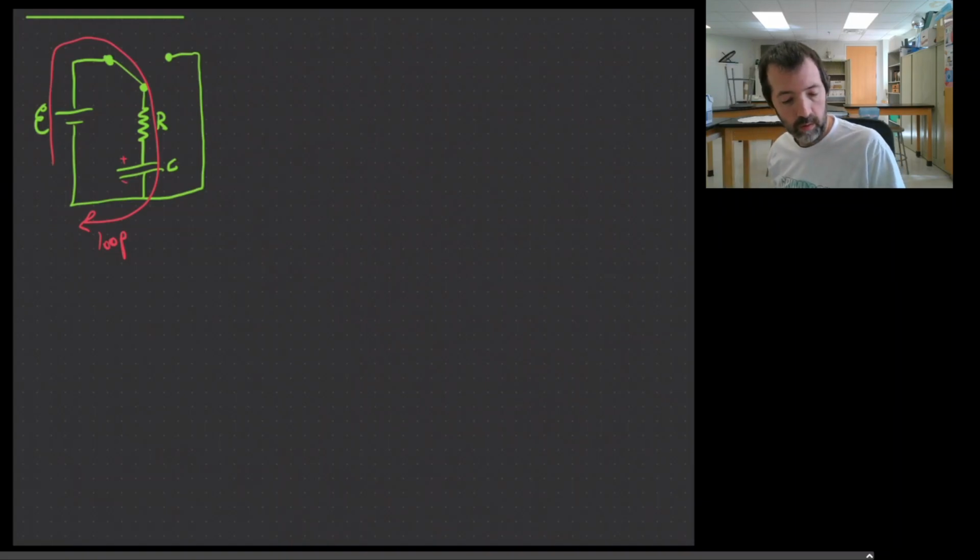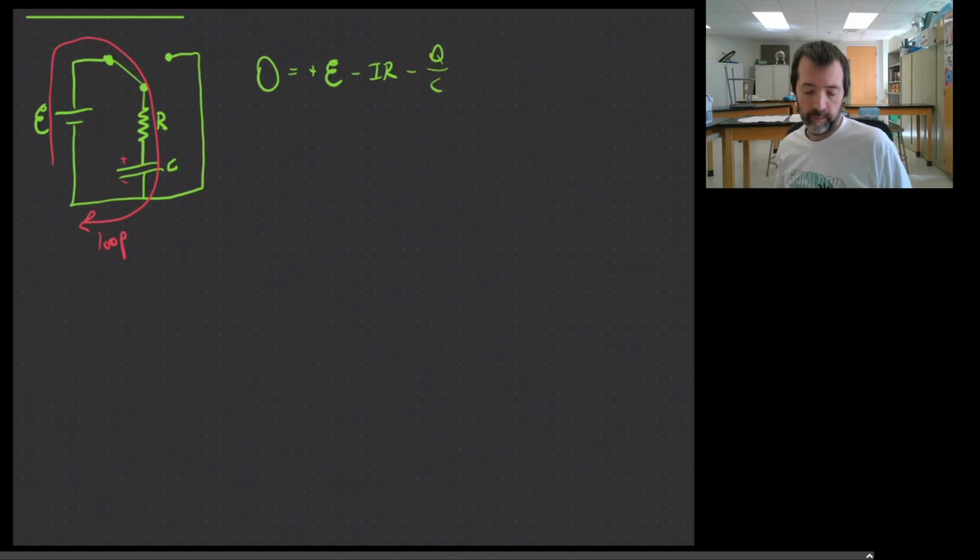And I have positive E minus IR. And then I have minus Q over C. And the capacitor term is negative this time because I'm not going the other way through it. This time I'm going from the positive terminal to the negative terminal, so that's a decrease.